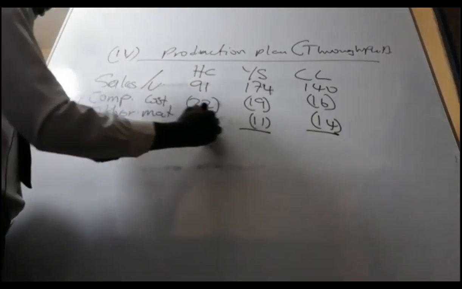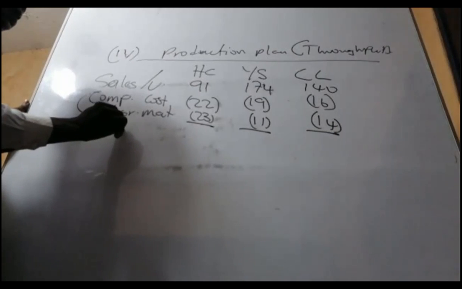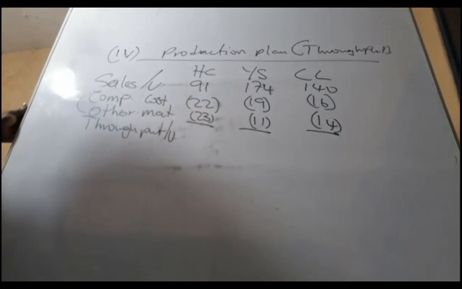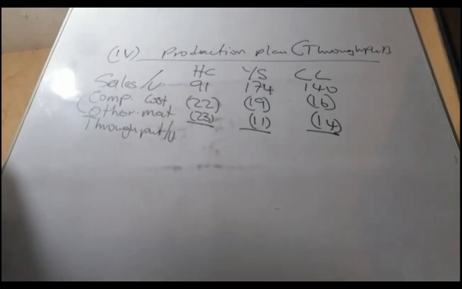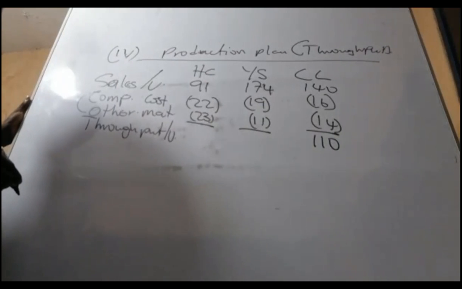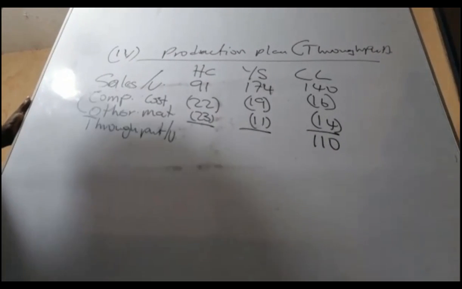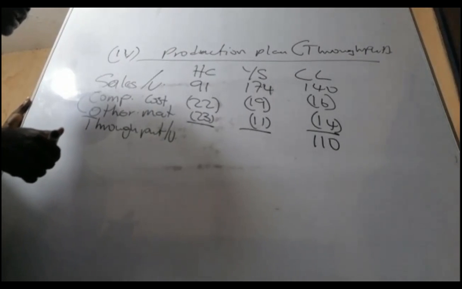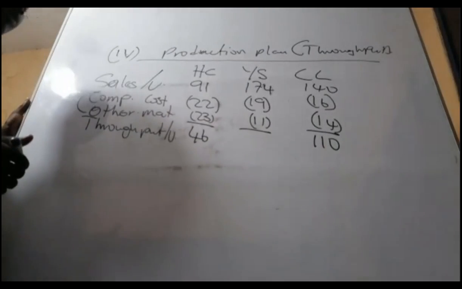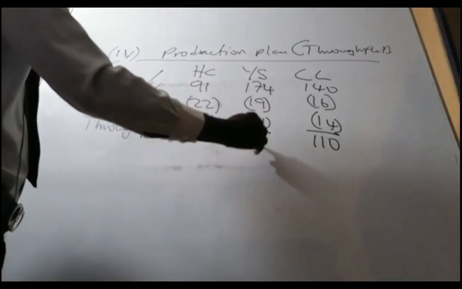Good. So what is the throughput? Throughput per unit will be CL: 110 minus 46, which is 144.